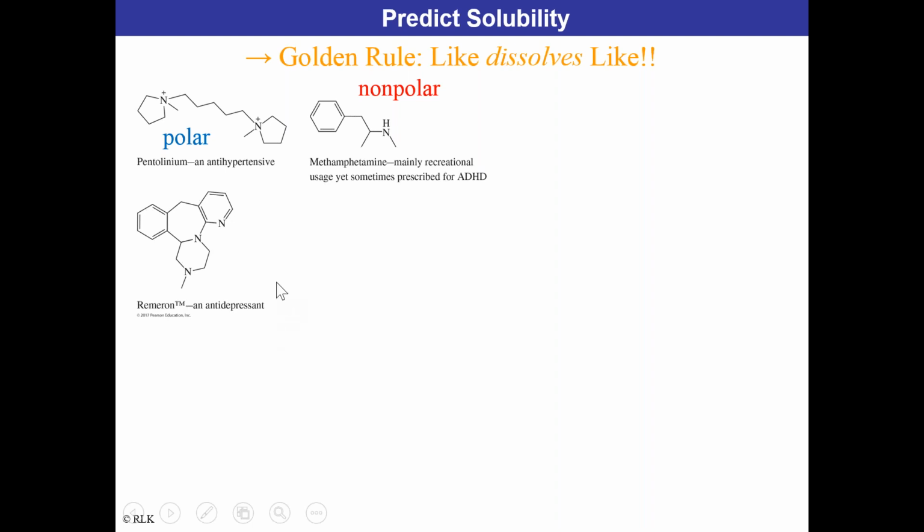And this other one, the Remeron, boy, we have a lot of nitrogen in there, but the nitrogens are pretty much all saturated, right? We don't have a lot of hydrogens attached to these. And so just by virtue of that alone, and with the huge amount of aromatic character and then aliphatic character, actually it's all wrapped in rings, this is also going to be non-polar.